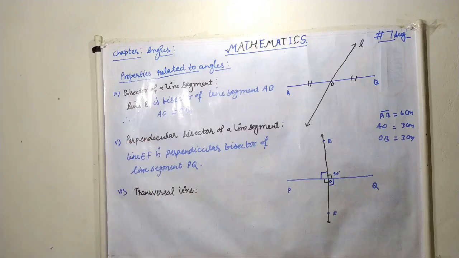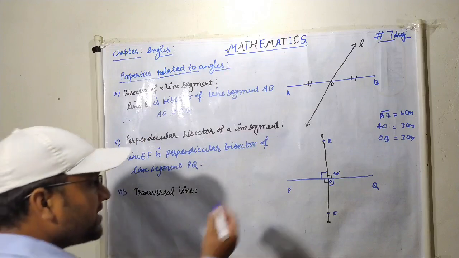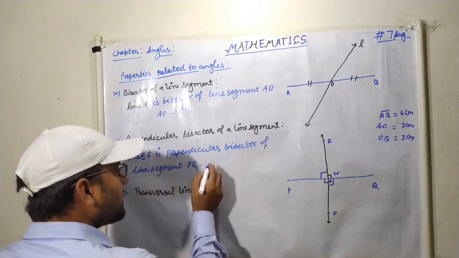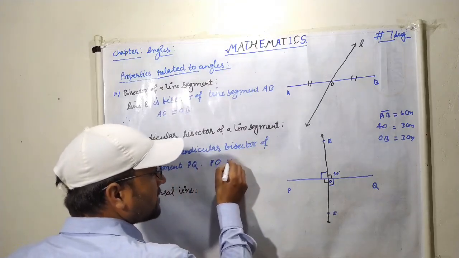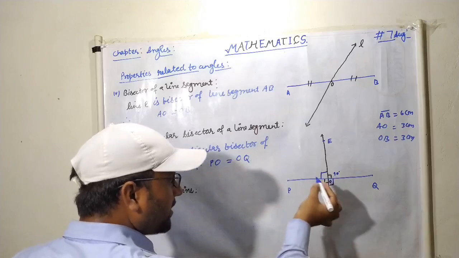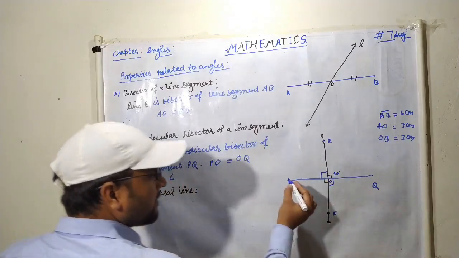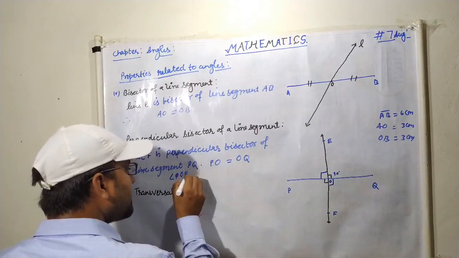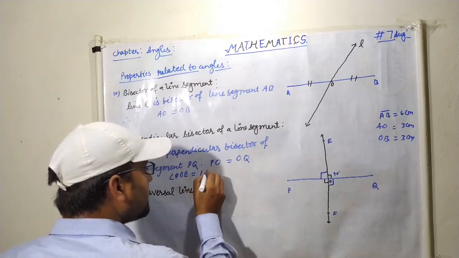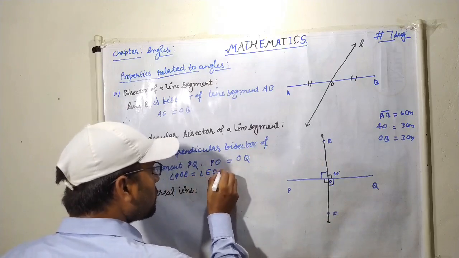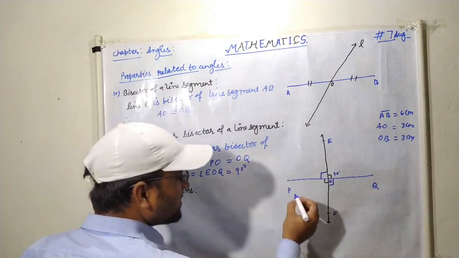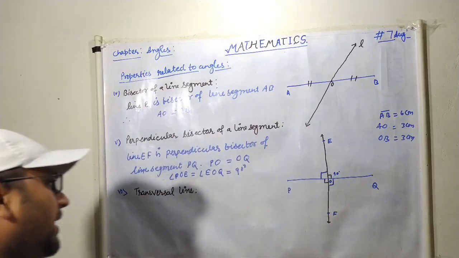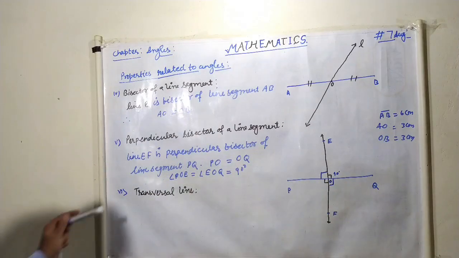Line EF is a perpendicular bisector of line segment PQ, means that PO is equal to OQ, and perpendicular means that angle POE is equal to angle EOQ is equal to 90 degree, or you can say angle POF is equal to QOF is equal to 90 degree. Okay, students. Next one is a transversal line.